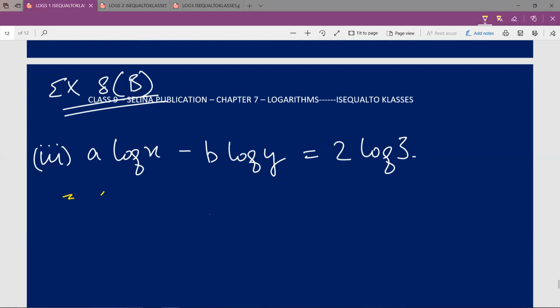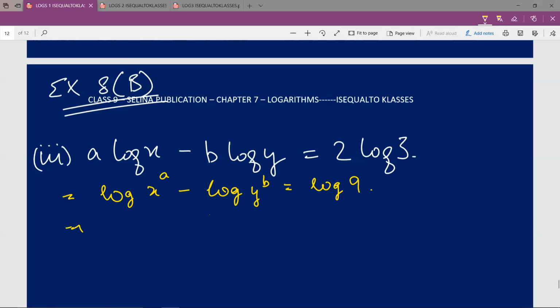So I could write this as log of x raised to power a, this is a, not 9. So I'll just write this clearly. Log of y raised to power b is equal to log of 3 square, which is 9.